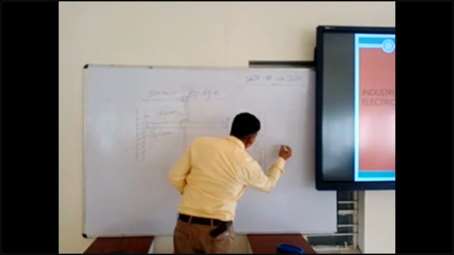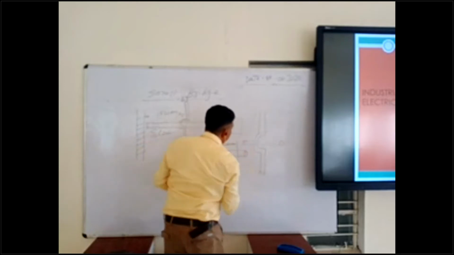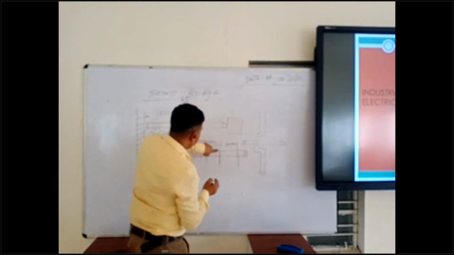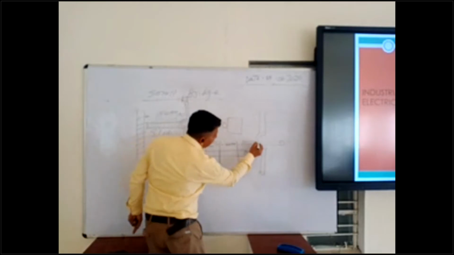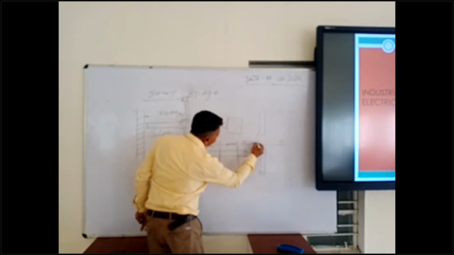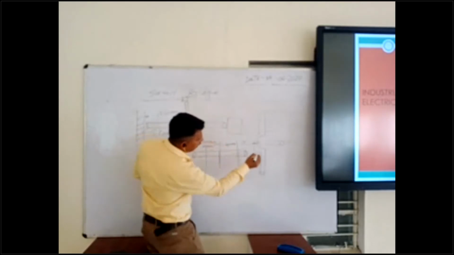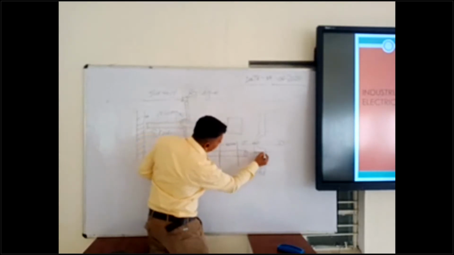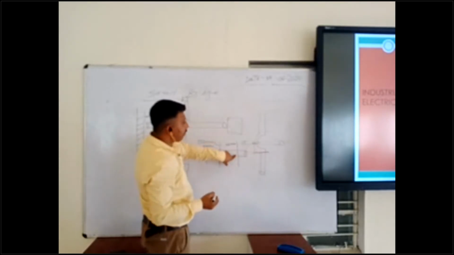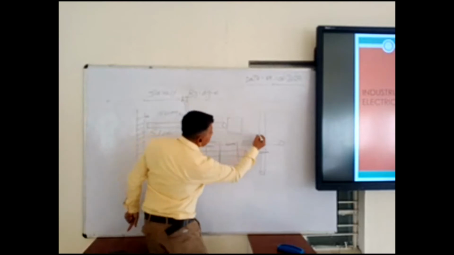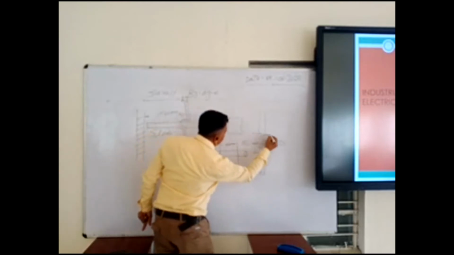The first marking is the center marking. Then the side marking, where we can bend here. And the third marking is this one.